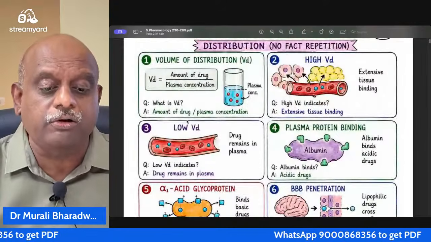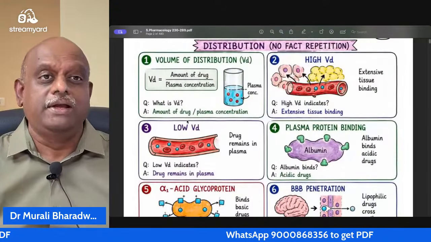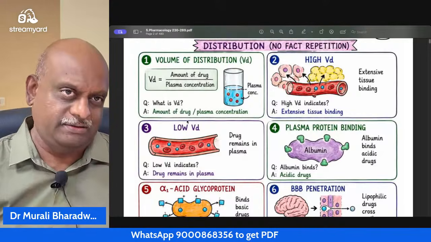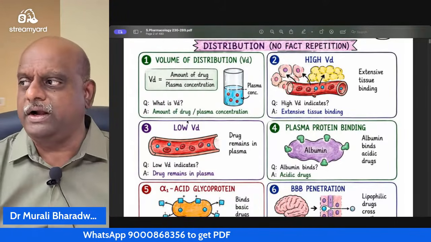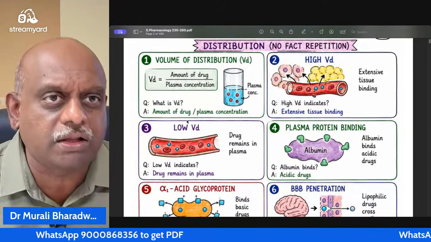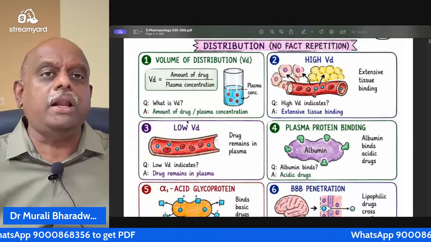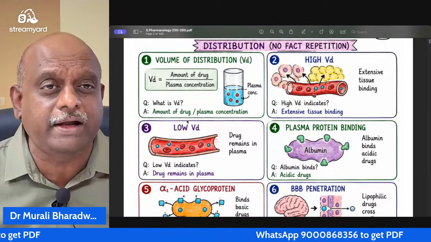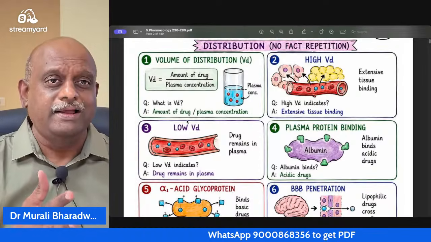So what is the formula of volume of distribution? It is the amount of the drug divided by the plasma concentration. If a drug has an extensive tissue binding ability, it won't remain in the blood vessel.